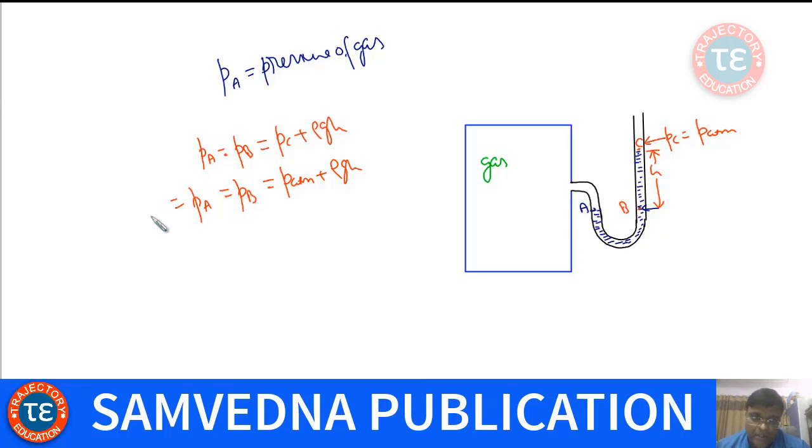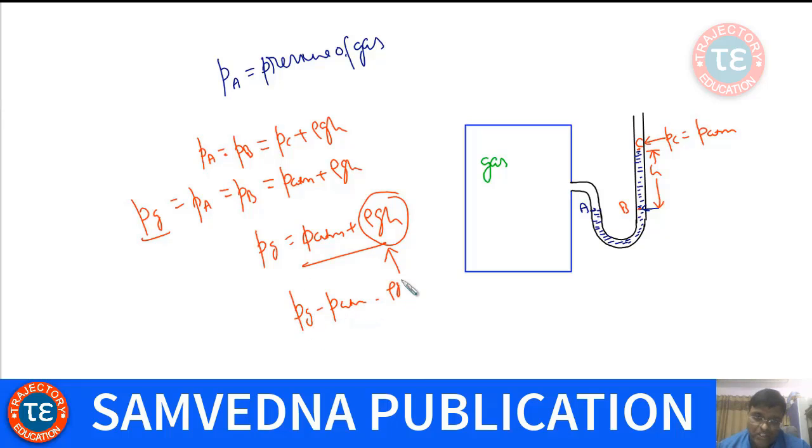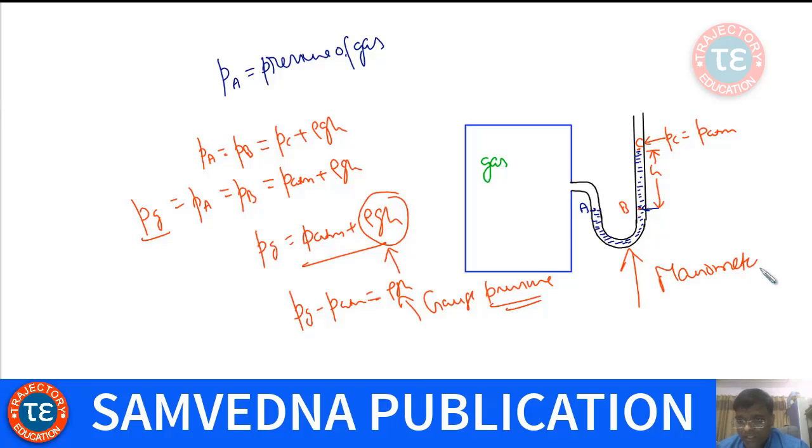So pressure at point B is the same as pressure at point A, and is the same as pressure in the gas. So pressure in the gas will be P atm plus rho g h. And this difference, Pg minus P atm, which is rho g h, is called gauge pressure. Getting your point? So that's how a manometer works. This is called a manometer.